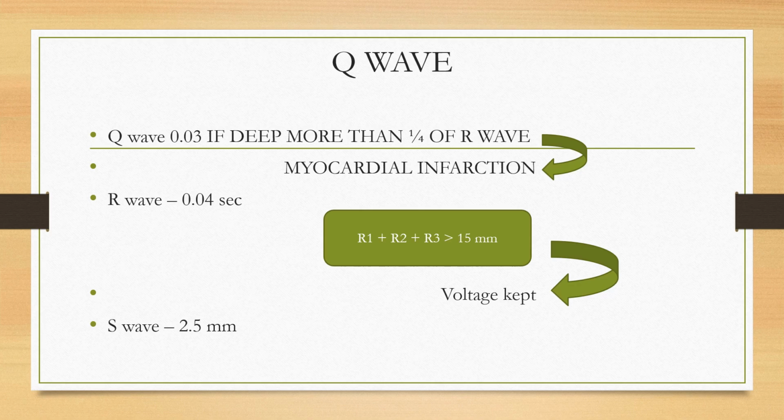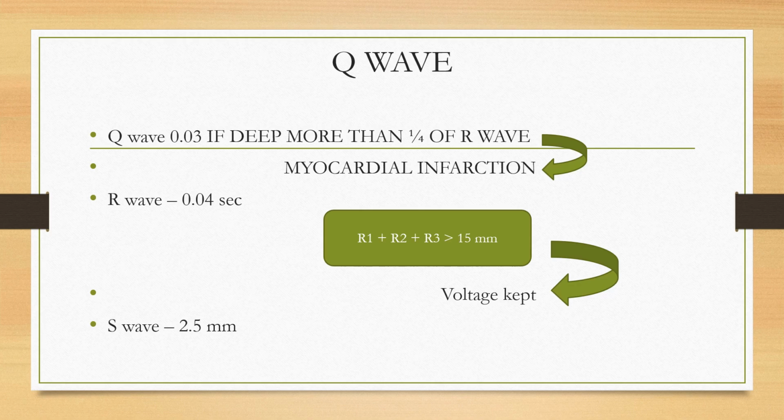Then Q wave. If Q wave is more than 0.03, then it is myocardial infarction. The next wave is R wave. It is the most important wave in ECG interpretation because it represents contraction, and if there is a flat R wave, it means death of the patient.